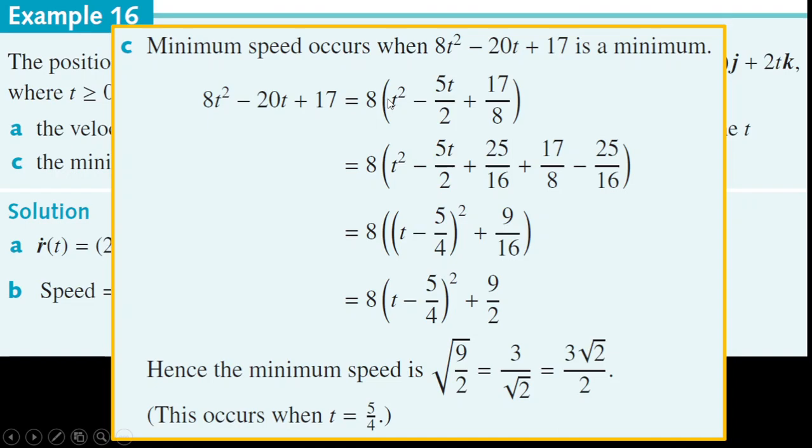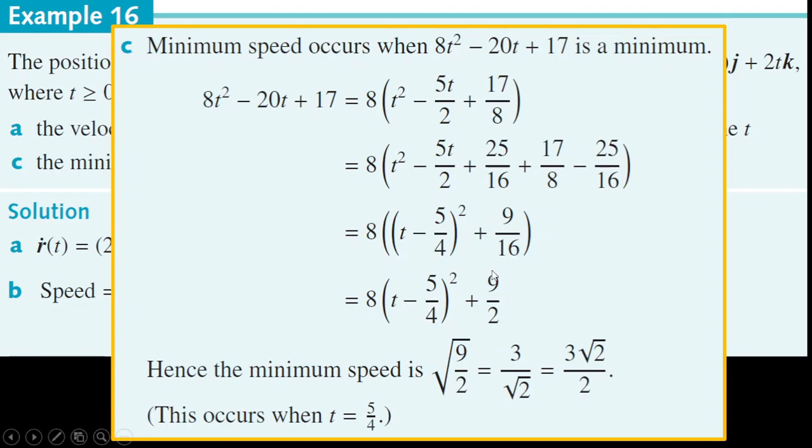To find the turning point, you just complete the square. Before you do that, you factorize 8. You will end up with fractional forms, which shouldn't be a problem. You complete the square, you get the turning point form, and expand it again.